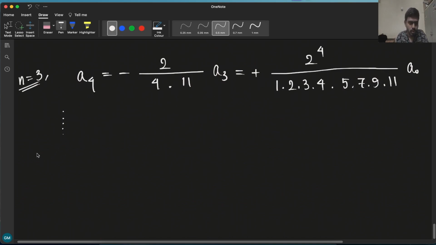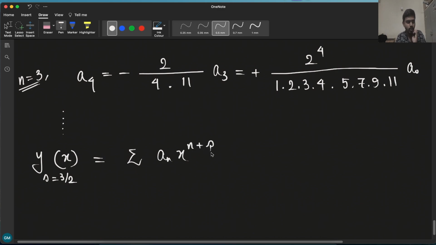So the power series solution for s equals to 3 by 2 is basically the sum over an x to the power n plus s, where s equals to 3 by 2 and n equals to 0 to infinity.